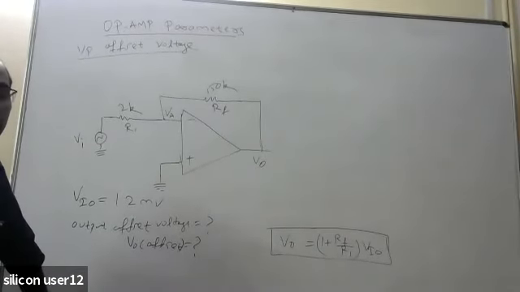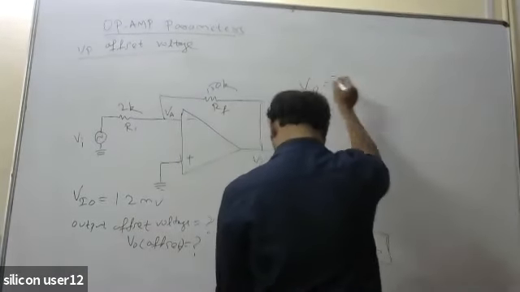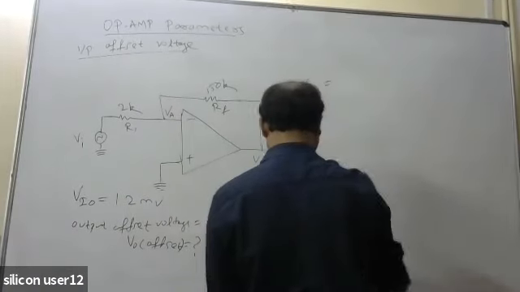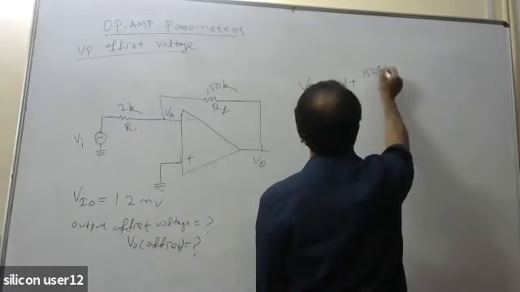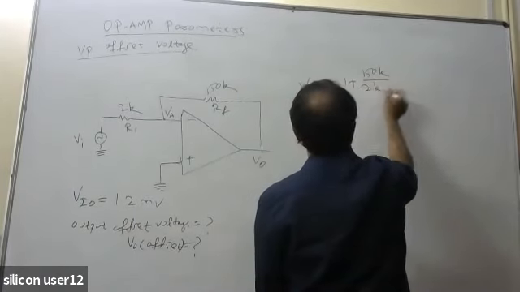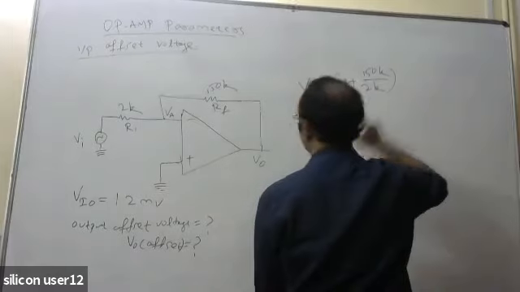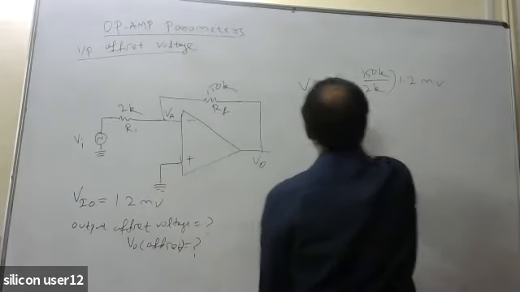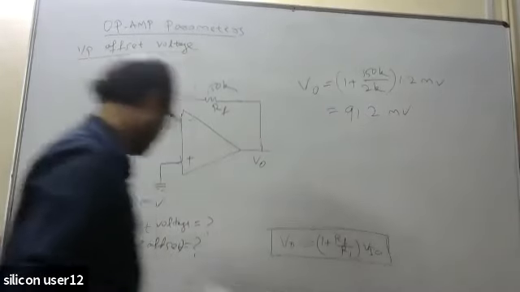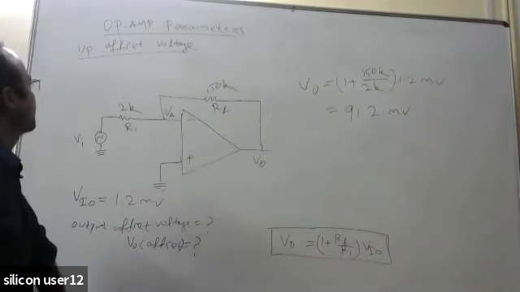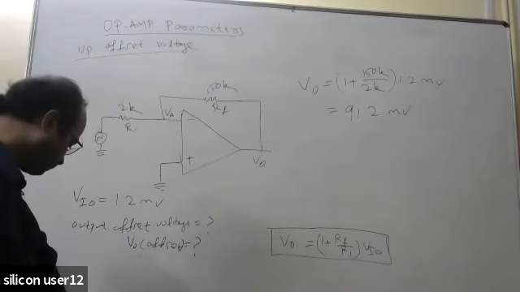Just put in this formula: V0 equals 1 plus RF by R1, that is 150K by 2K, into VIO, which is 1.2 mV. So it is coming as 91.2 mV. So this is your input offset voltage and output offset voltage.